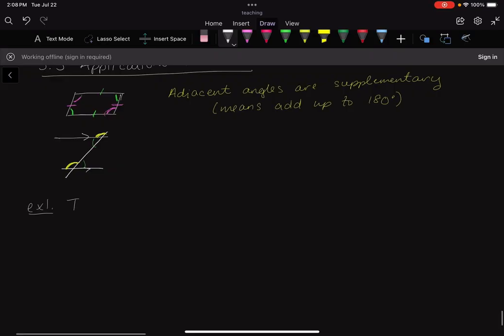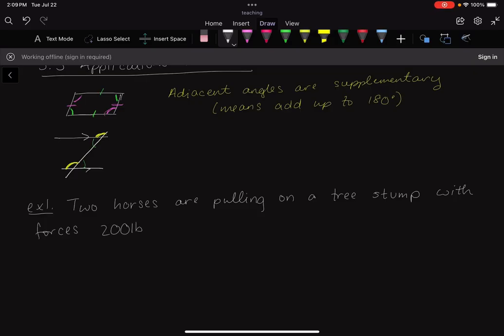It says that two horses are pulling on a tree stump with forces 200 pounds and 300 pounds.